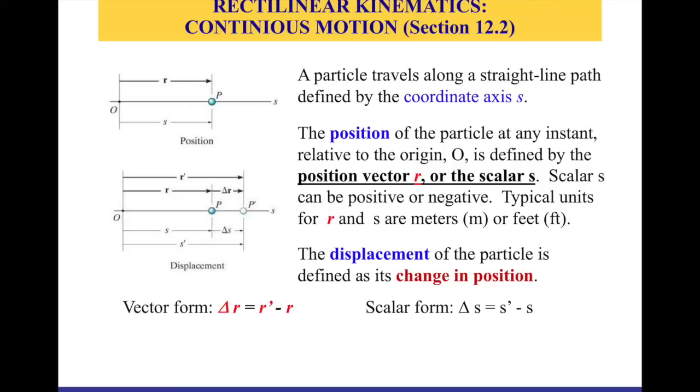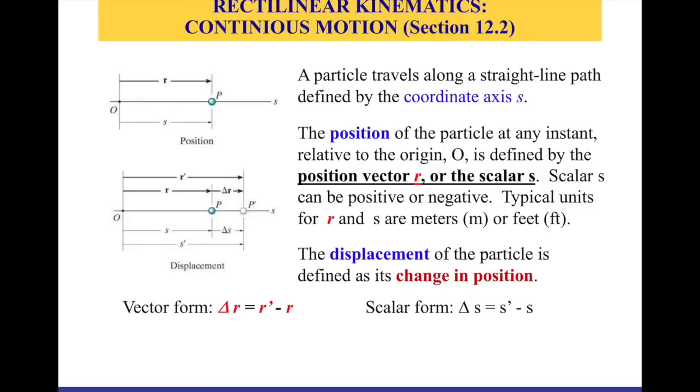Then we need to identify displacement. The displacement of a particle is defined as the change in position. It is the difference between the two position vectors, r prime and r, or the difference between two scalar positions, s prime minus s.